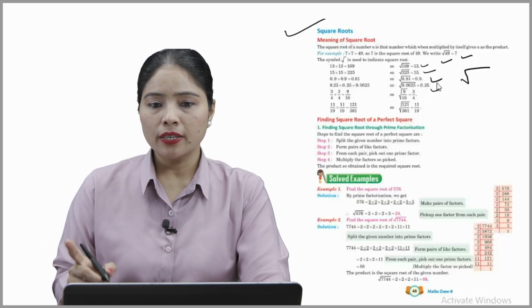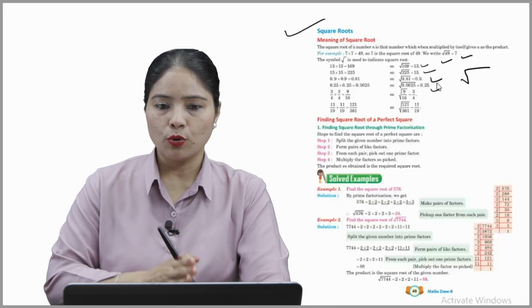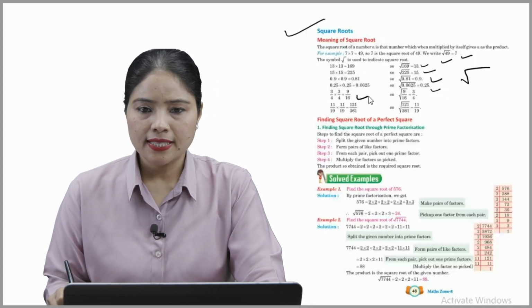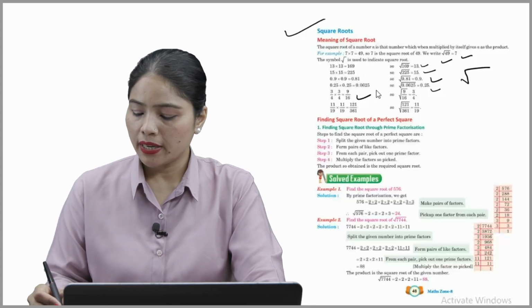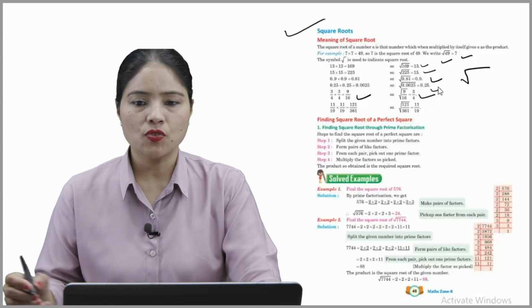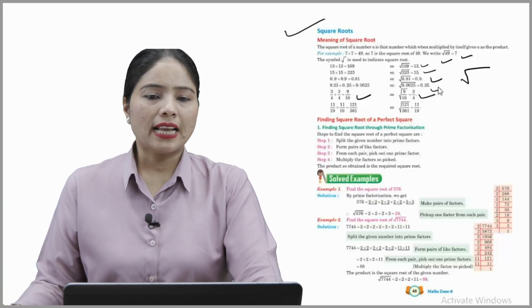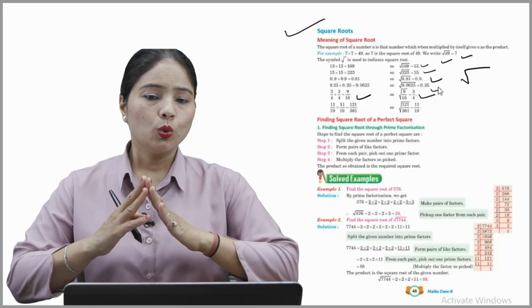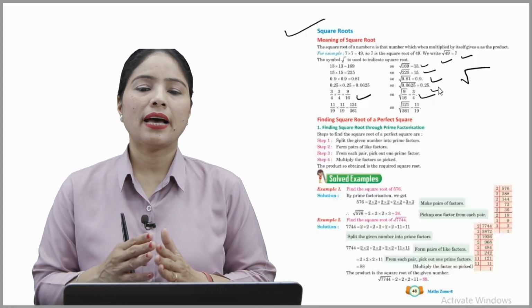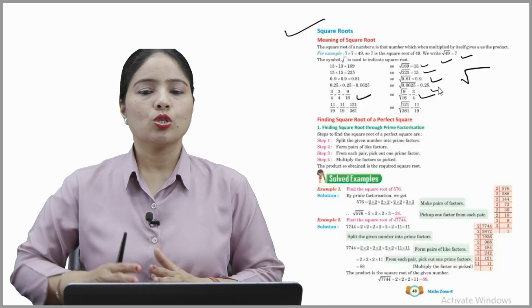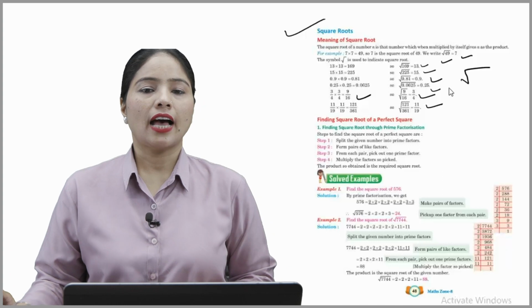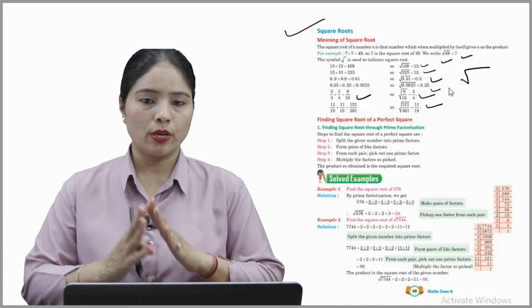If we multiply 3/4 into 3/4, we get 9/16. So the square root of 9/16 becomes 3/4, this is how we write it. Now 11/19 into 11/19 is equal to 121/361. So the square root of that one is 11/19. I hope you understood the meaning of square root.